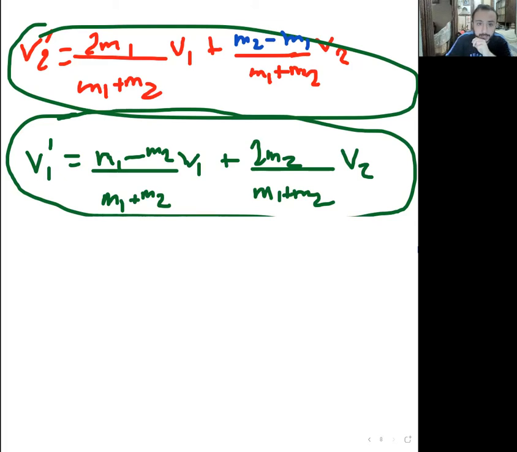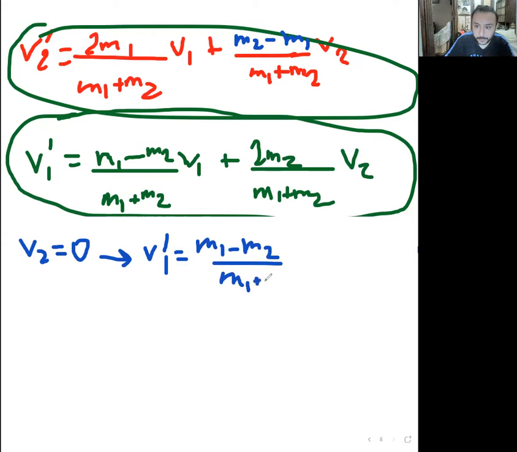We can also calculate v prime 1 and v prime 2. v prime 1 would be m1 minus m2 over m1 plus m2 times v1, because v2 is 0, so the second term will be gone. This would be v prime 1 if the second body is initially at rest.